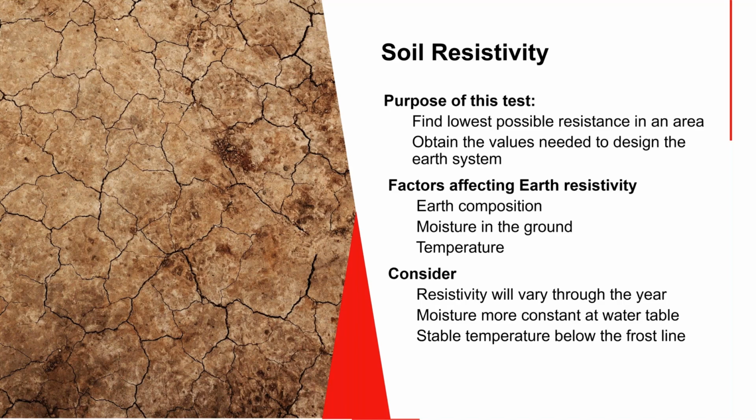And those of you who are up in cold climates, keep in mind, get your ground below the frost line, because in the winter, if the soil freezes, then the resistance of your ground will skyrocket and you won't really have a good ground anymore. So get that below the known frost line for your area.